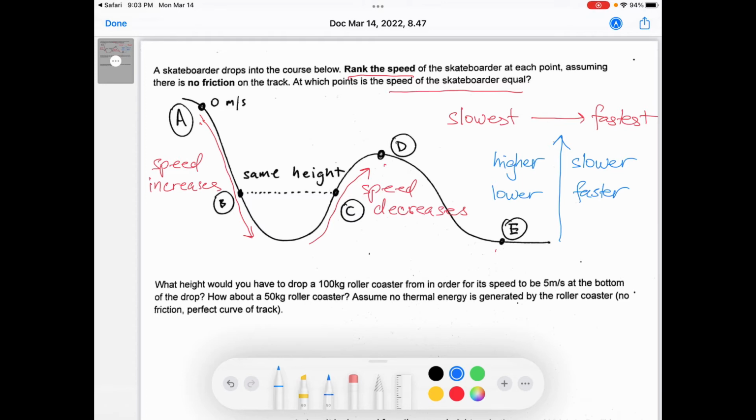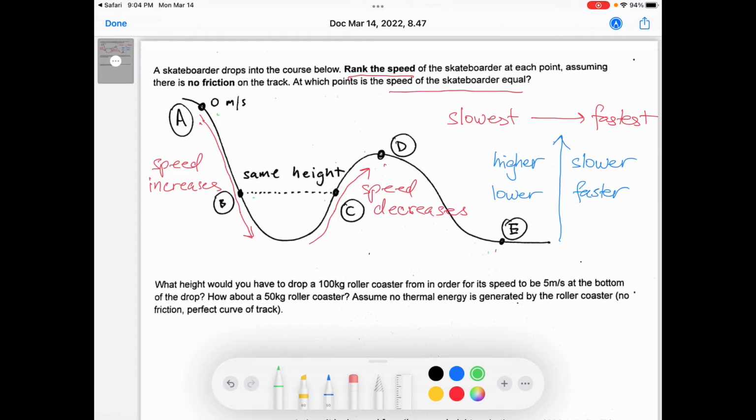So to rank the speed of the skateboarder from slowest to fastest, you just look: where is the height the highest and where is it the lowest? Where it's the highest, the speed is the slowest, and where it's the lowest, the speed is the fastest.